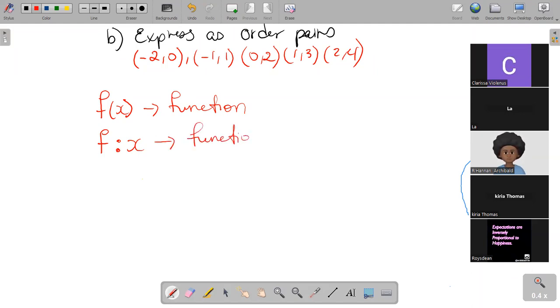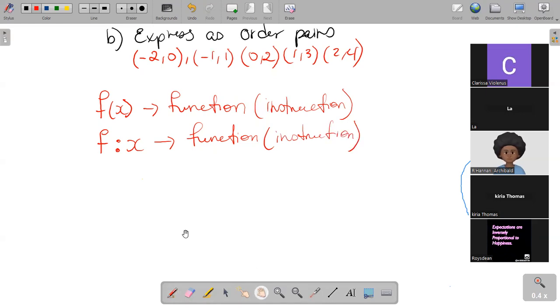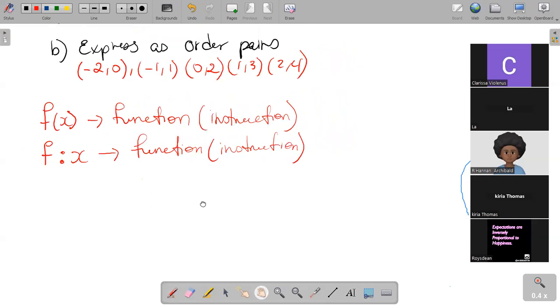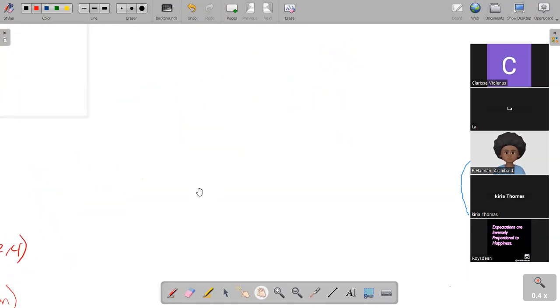Everybody with me? Do not let a little slight change confuse you. This simply just means the instructions as well. So instead of giving you the instruction in words, they're going to give you an instruction as a formula. So let's practice some quick instructions that are presented as a formula.